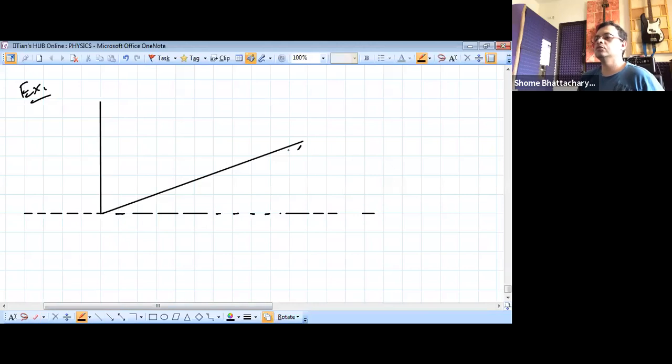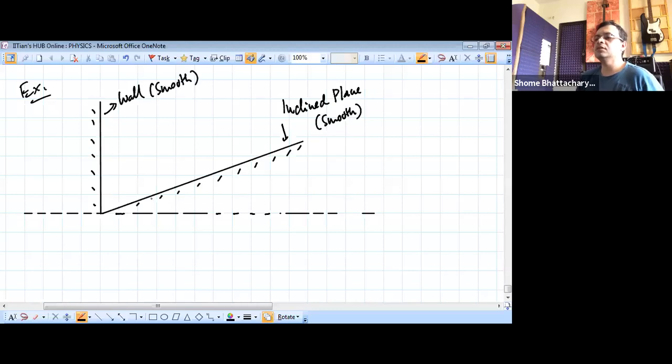Both are smooth, frictionless. Now this inclined plane geometrically is at theta equal to 37 degrees with respect to the horizontal. Acceleration due to gravity vector is like this one.